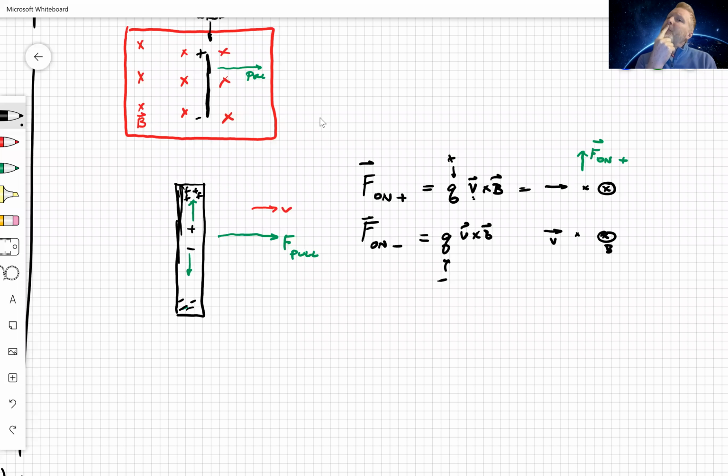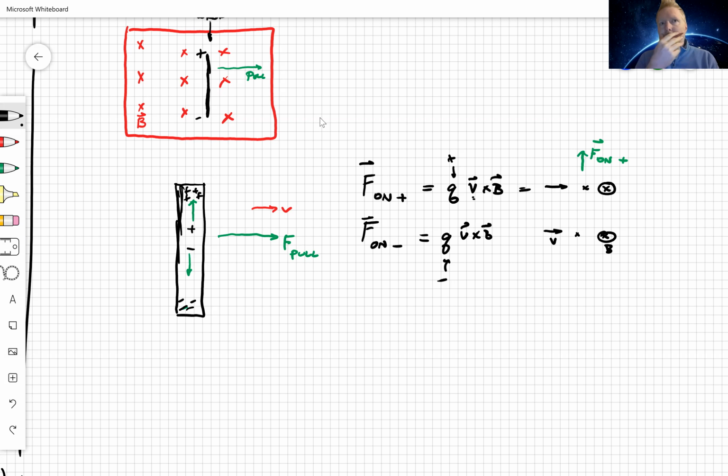Hmm. I'm doing some work to separate the charges. Yeah. But if it doesn't cost me very much, if I can just pull as hard as I want, I'll separate a bunch of charges, and then I'll just have a battery. Hmm.